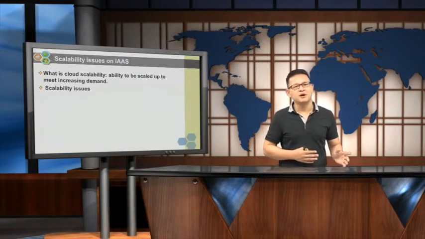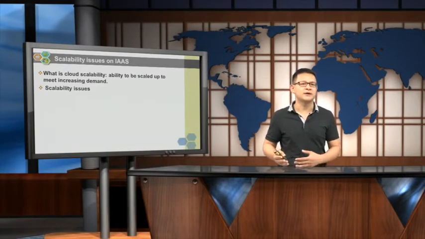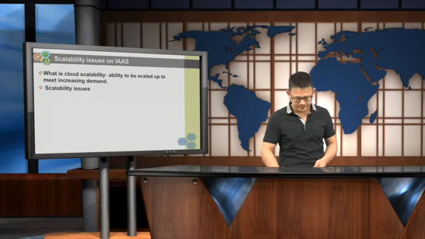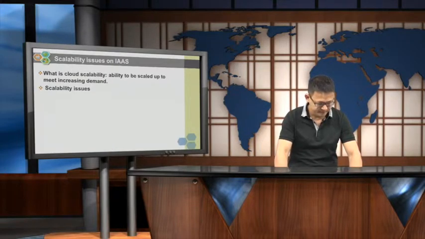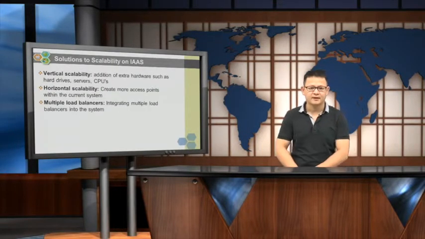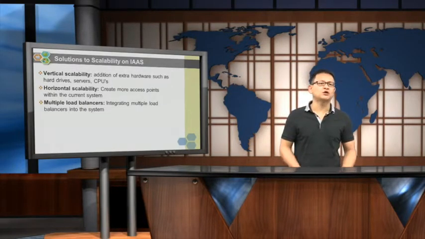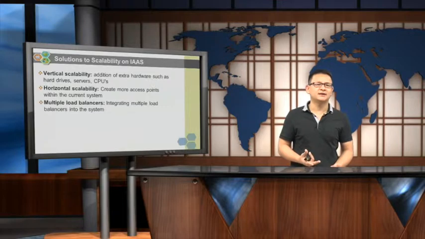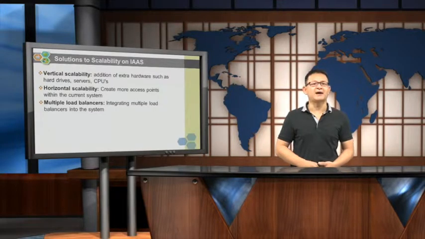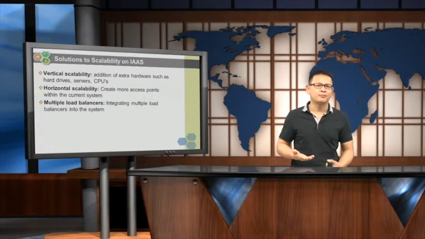It can be the number of requests, the number of workloads, etc. Okay, so what is the solution? Because I think scalability is one of the most important features of the IaaS. So you can see the definition. So how can we provide these scalability features?